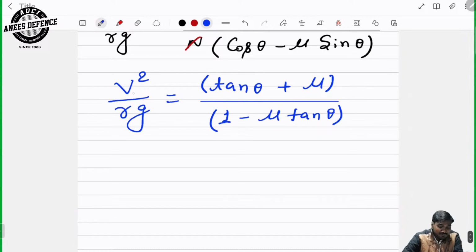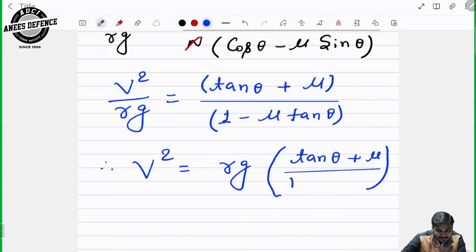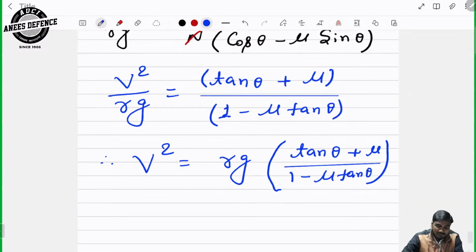You have to calculate maximum velocity. So v max. So v squared is equal to what? rg into tan theta plus mu upon 1 minus mu tan theta.